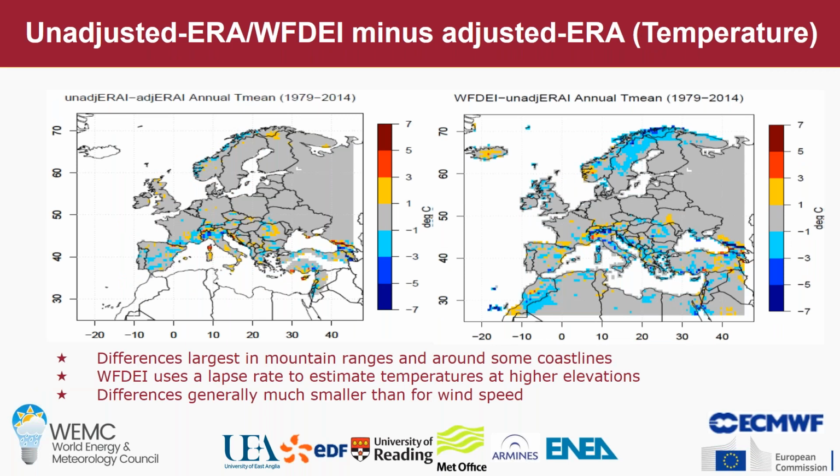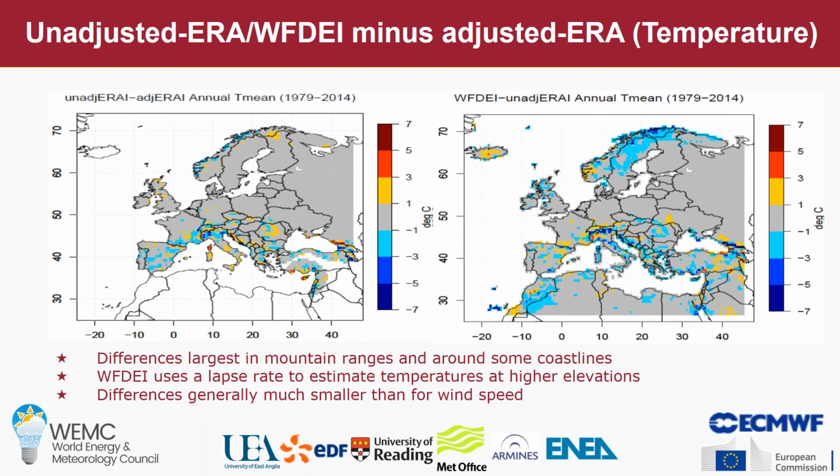This is looking at the other two major variables here, temperature now, and we'll come to precipitation in a minute. So on the left you have the unadjusted ERA versus our adjustments to ERA for T mean, and you can see here that most of the adjustments are relatively small, particularly over more lowland parts of Europe.